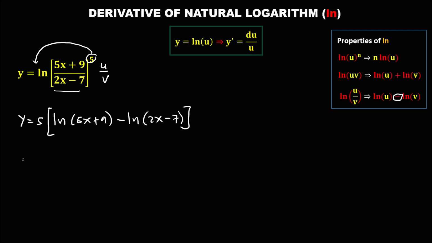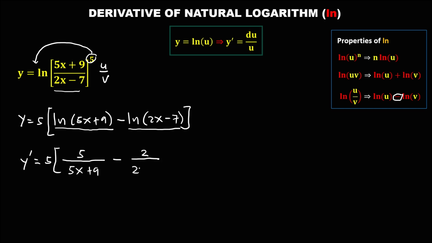Then to find the derivative, y prime equals, bring down the constant times the derivative of ln of 5x plus 9, so this is 5 over 5x plus 9, then minus the derivative of ln of 2x minus 7.